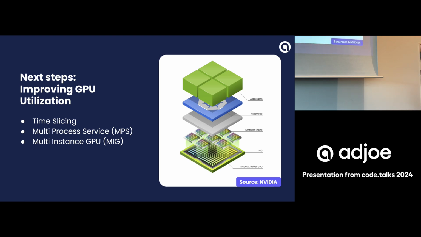CUDA provides this, and it's parallel. Usually, NVIDIA suggests that this is good for batch workloads that don't utilize a lot of GPU, meaning that you can run multiple of these batch workloads on the same GPU on Kubernetes using this multi-process service and share your GPU. And the last one, MIG, or multi-instance GPU, is the most sophisticated one.